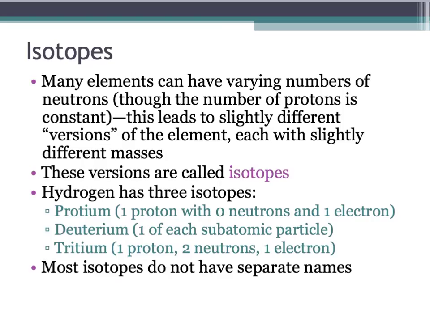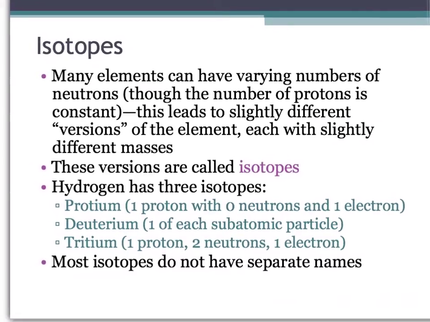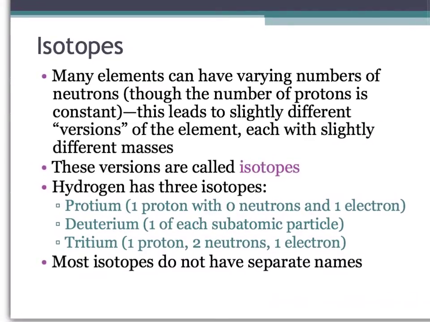Interestingly, we've talked a lot about how individual atoms are unique to the element. Every element has the same kinds of atoms. But what we haven't talked about is that even though the atoms of each element are the same in terms of protons, there is some variation from atom to atom. And often that variation is in terms of the number of neutrons.